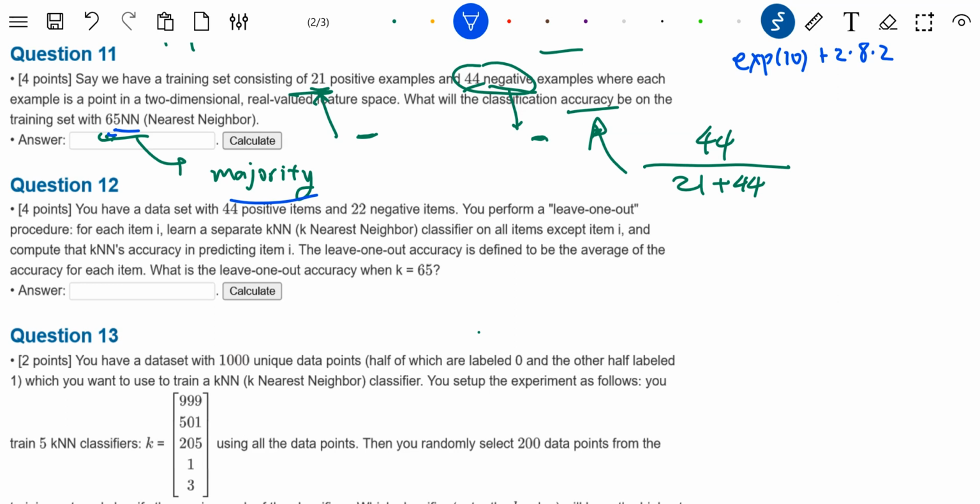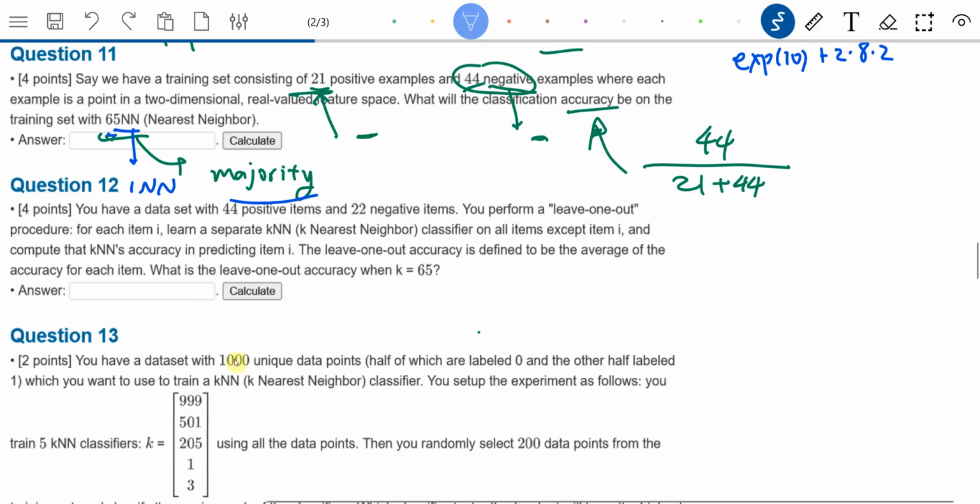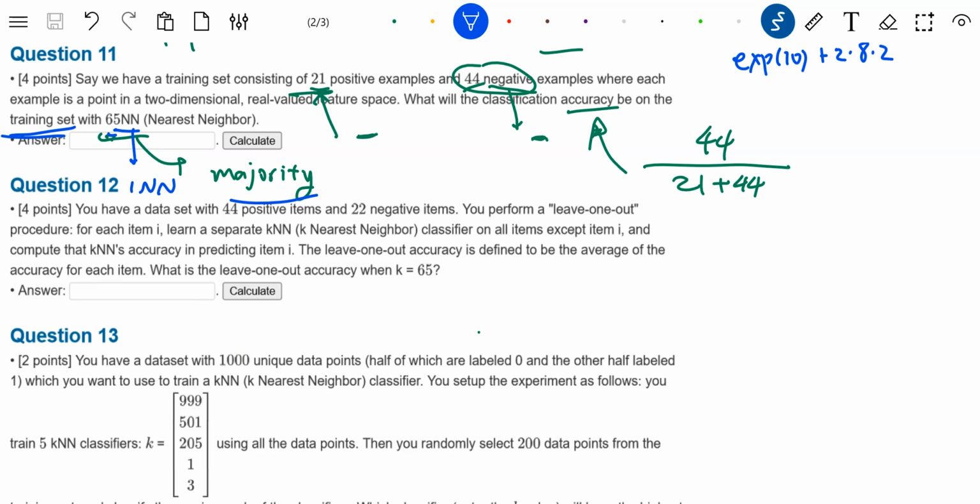I think a different version of this question is saying, what's the accuracy of 1NN? If it's 1NN, then it just picks the nearest neighbor and predicts that. But if you are trying to compute the accuracy on the training set, it basically means you are going to pick the one that's exactly the same and then just label as that.